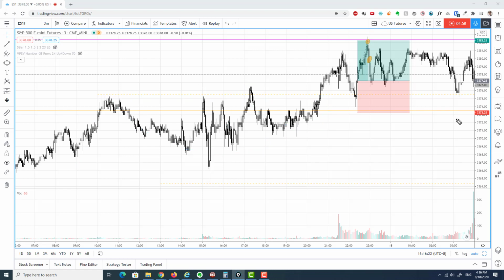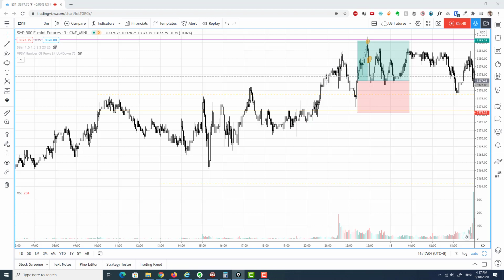Eventually, just prior to the US opening session, we have seen this kind of breakout and then a rally up a bit, and during the US opening on this bar here, we have seen a reaction down, forming a hammer, and eventually a reaction going down to test the resistance-turned-support level at 3375. So this is how it went. Generally it is this kind of breakout, retest, and reversal type of trade.